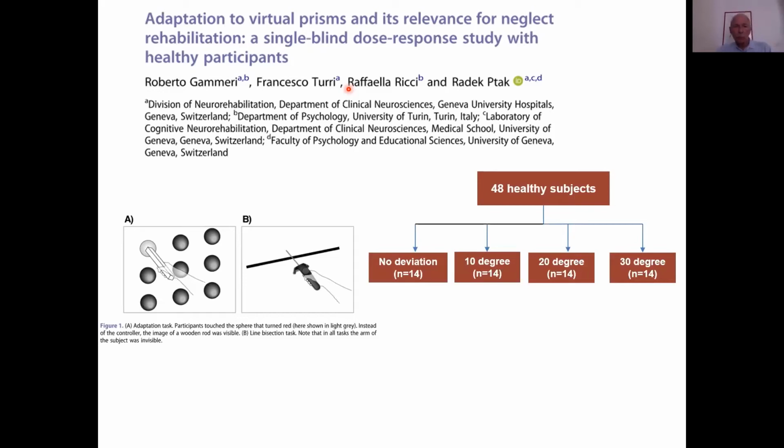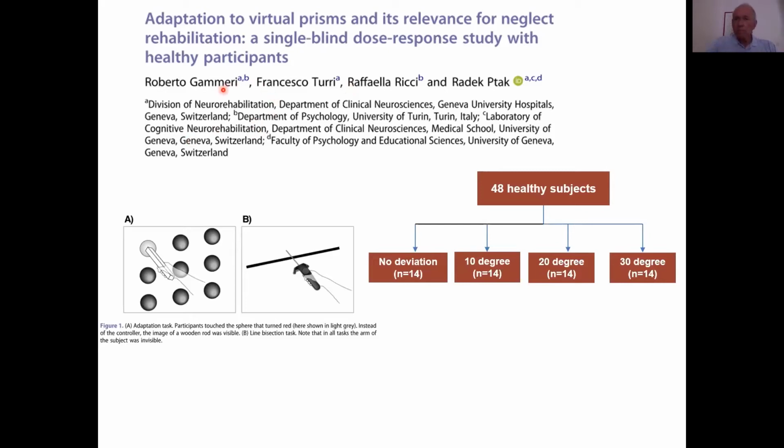But if the intervention is new and researchers do not know the effect size or the presumed clinical efficacy, researchers can plan a study with healthy people to investigate the preliminary efficacy.